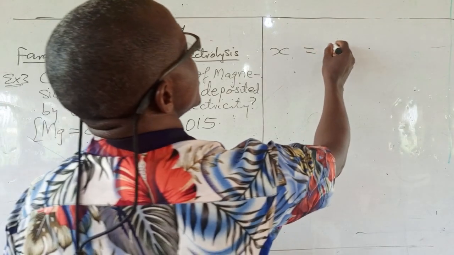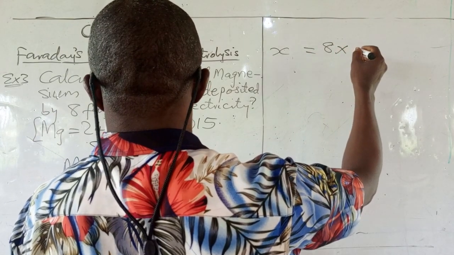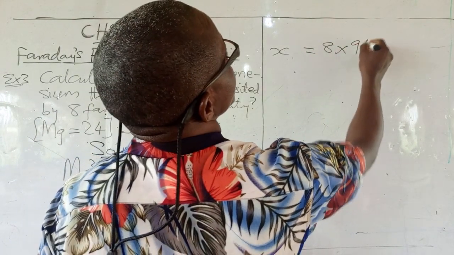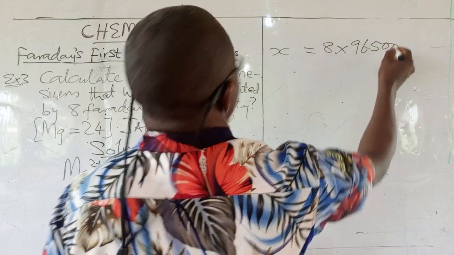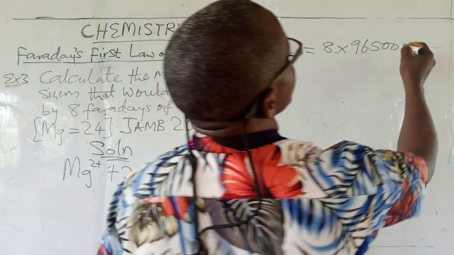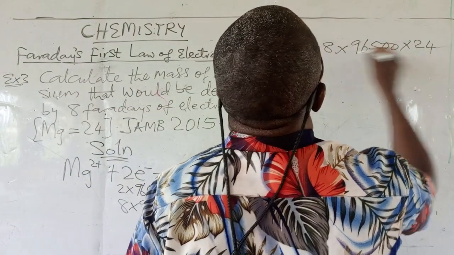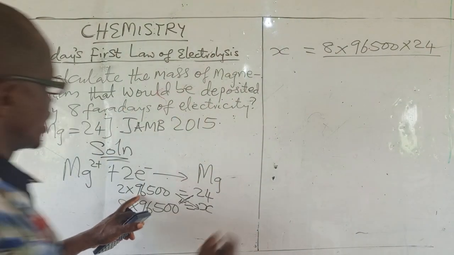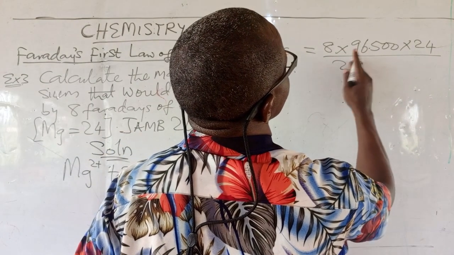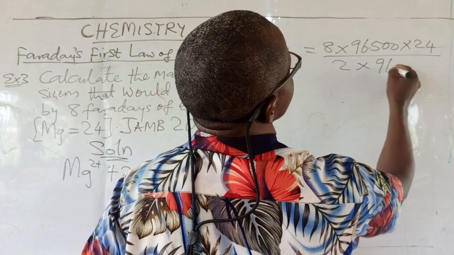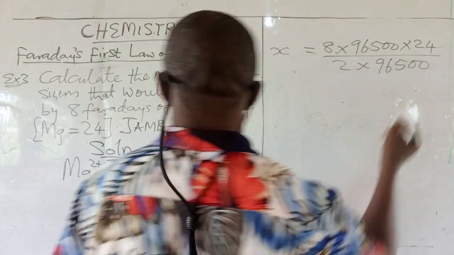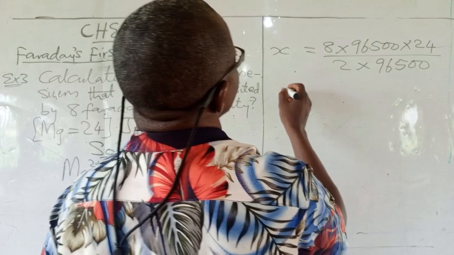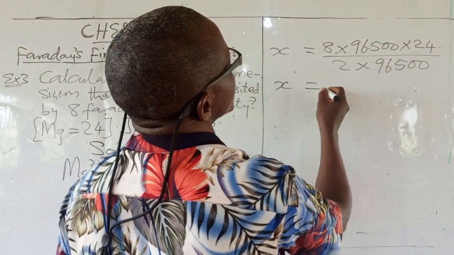That's 8 times 96500 times 24 all over 2 times 96500. Now work out the X.